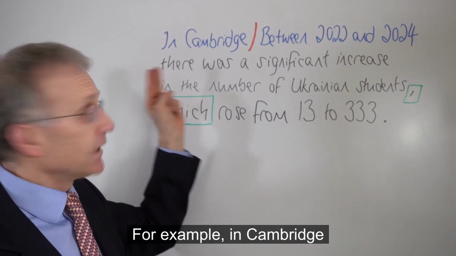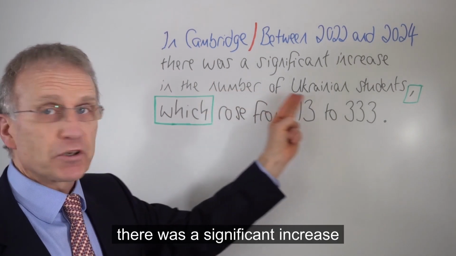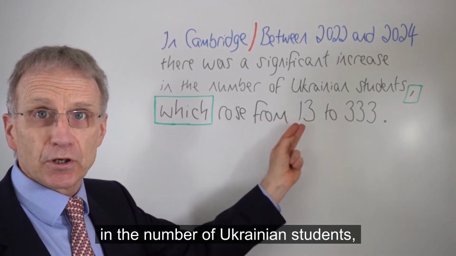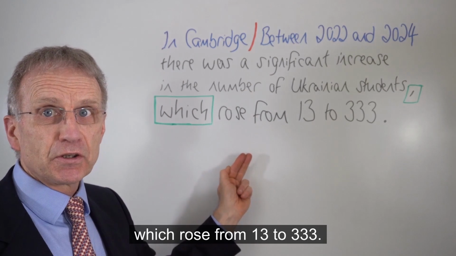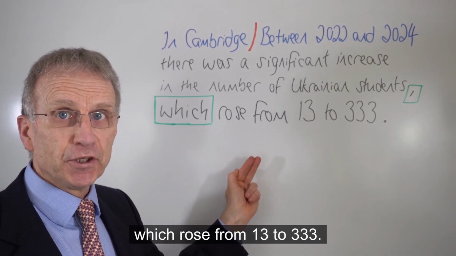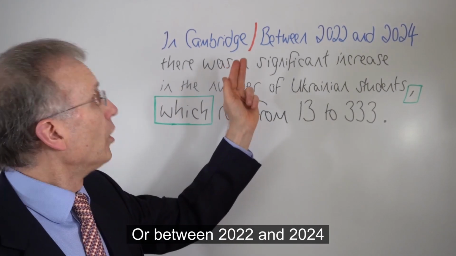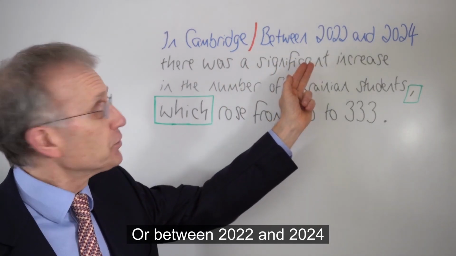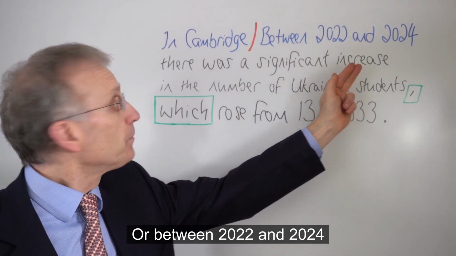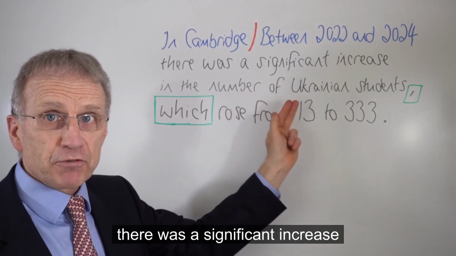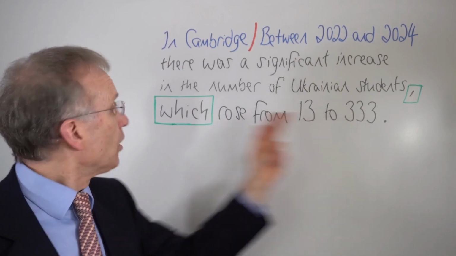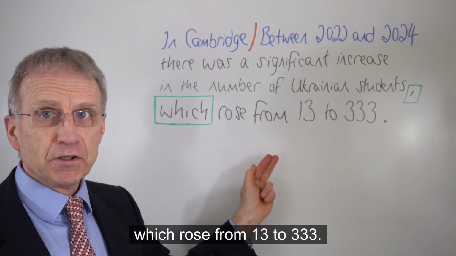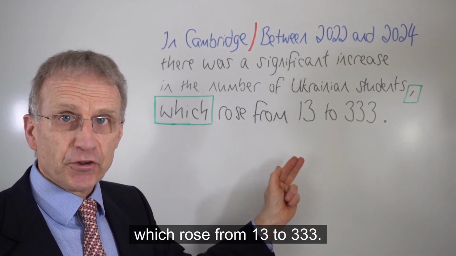For example, in Cambridge, there was a significant increase in the number of Ukrainian students, which rose from 13 to 333. Or between 2022 and 2024, there was a significant increase in the number of Ukrainian students, which rose from 13 to 333.